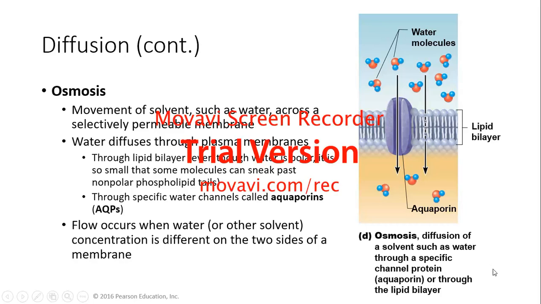But the majority of the movement is going to be through these aquaporin channel proteins. Because water is so small, some of it can essentially sneak past the hydrophobic tails of the cell membrane. But again, the majority of it is going to go through the aquaporin channel proteins.